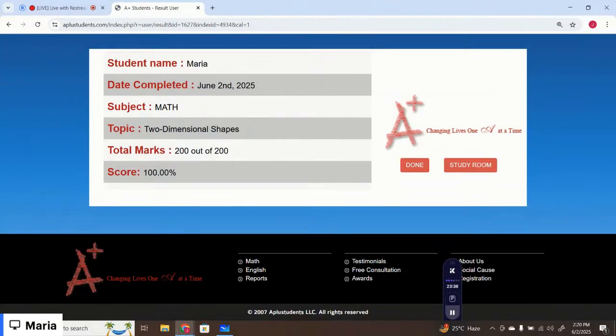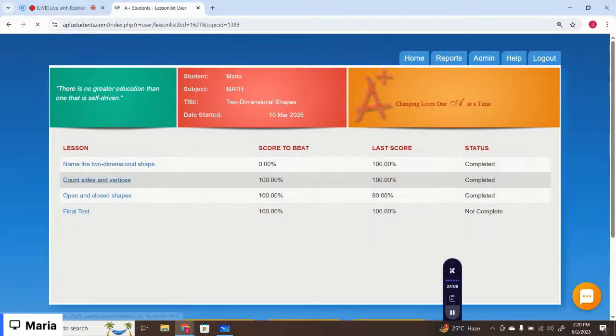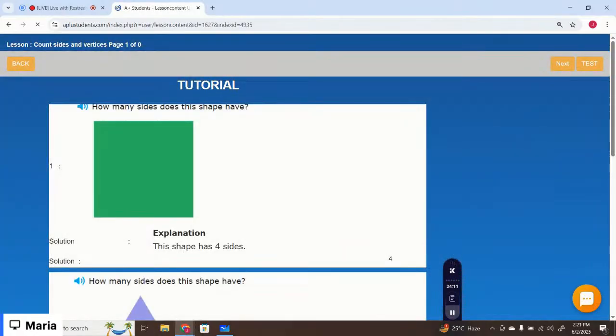When we are done with the lesson, let's just move to the next lesson. The next lesson is count sides and vertices. Let's just start with this.